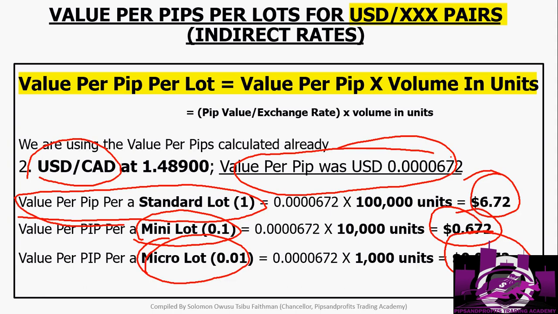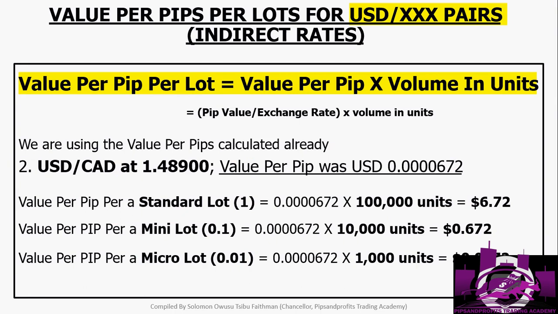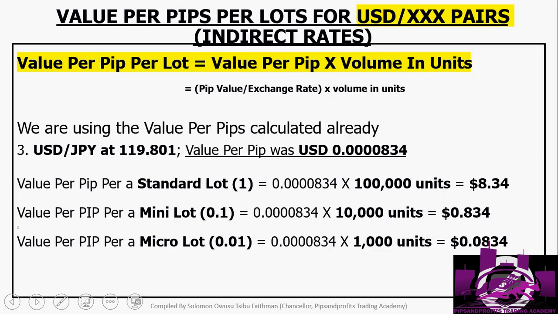Okay, let's go to the next example. Forgive me if I'm rushing through the slides. You can take a screenshot. Okay, so this is USD JPY. So for USD JPY, when we did the calculation, we had our value per pip as this.